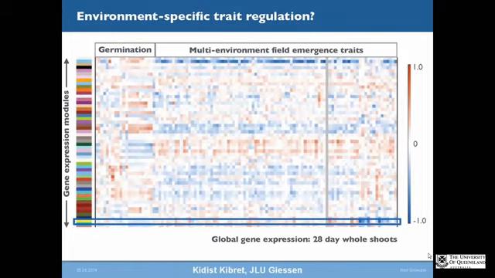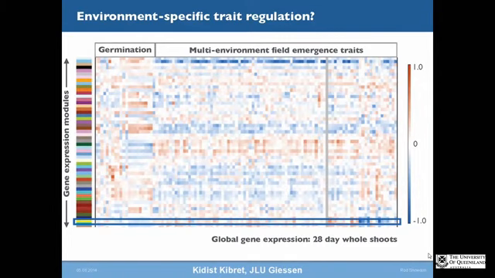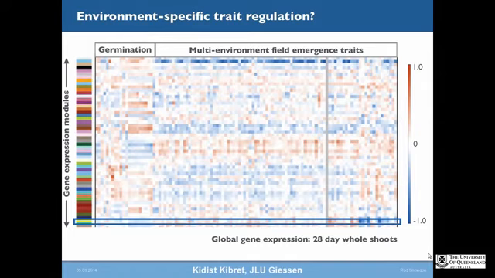Just to go back to one other example where we can find interesting information from this kind of data, if we look at the bottom here on the shoot expression, so the one at the top is the one we just looked at. If we look at the bottom, you can see this one module where we have some interesting correlations with expression. But if you match these up to the top, these are environments where we have a switch in gene expression from the top module, which is now showing up as a blank, to the bottom.